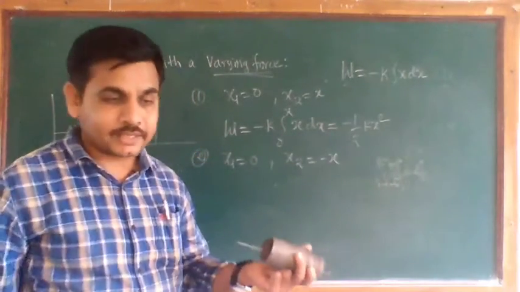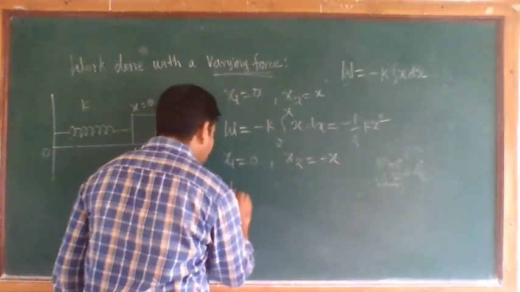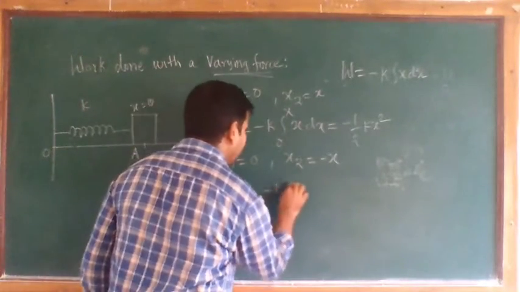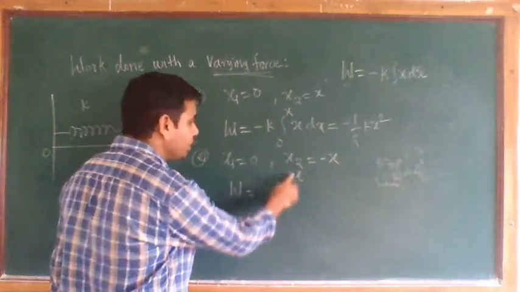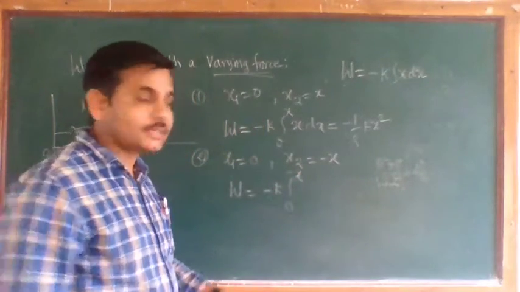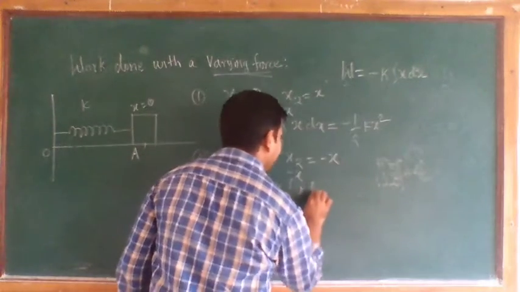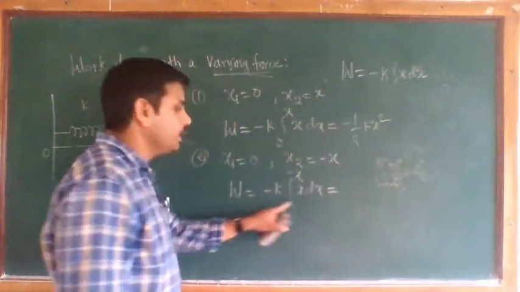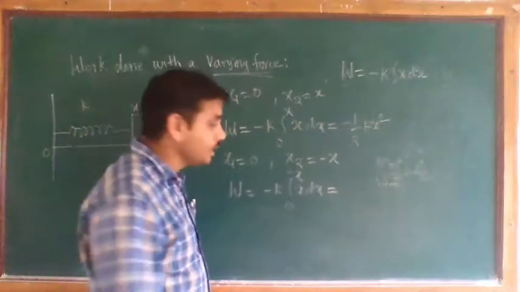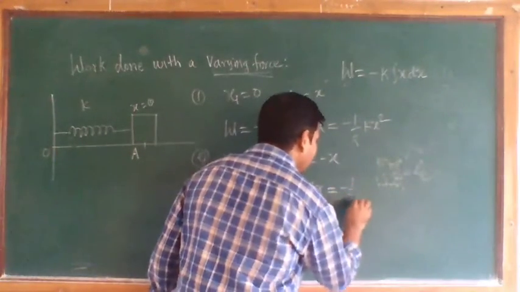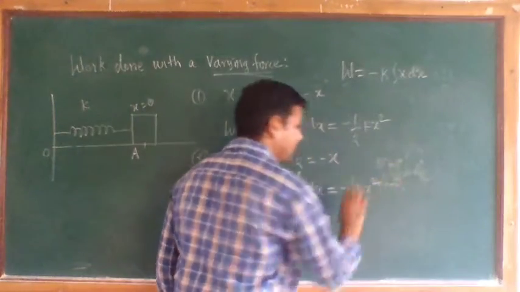Again, work done is equal to minus k integration from 0 to minus x of x dx, and you get the total work done, which is again minus 1/2 kx square.